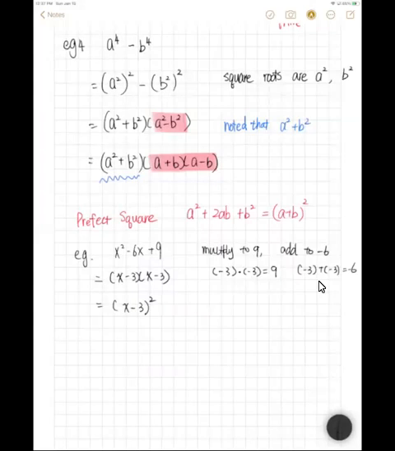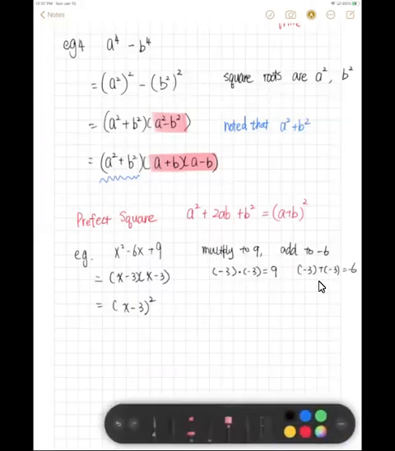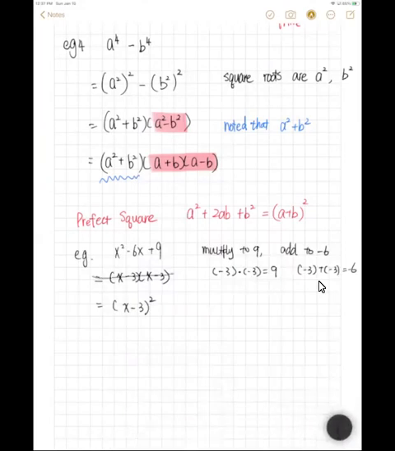So let me cross out the middle part. If you skip that part, you will find out that what we use is the perfect square formula, where our a is equal to x, b is equal to 3. Okay?